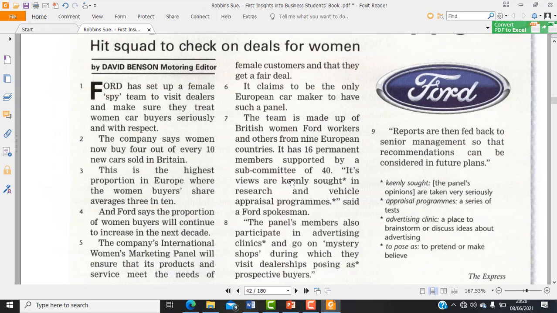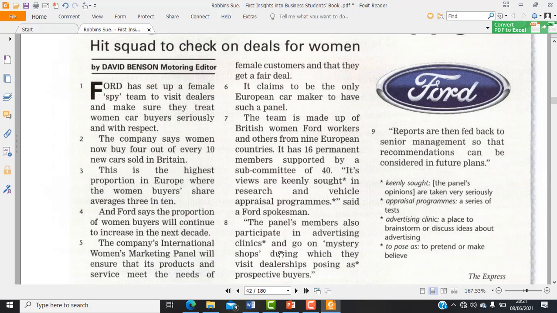Dan tim ini memiliki 16 anggota tetap ya, yang didukung oleh anggota non tetap atau kepanitiaan sebanyak 40 orang. Jadi pandangannya itu lebih kepada keenly sought. Keenly sought itu artinya memang menganggap ini tuh penting loh. Menganggap hal ini penting dalam bidang rangkaian tes penelitian dan kendaraan gitu, kata pembicara Ford.